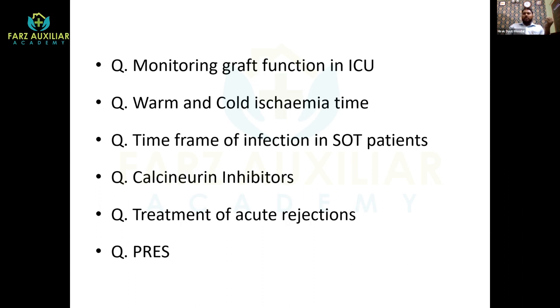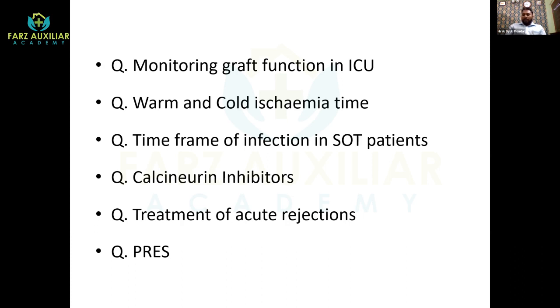This is called cold ischemia time. You have put it into the preservative solution, cooled it like in an ice bucket, and you are rewarming it after shifting it to the recipient.